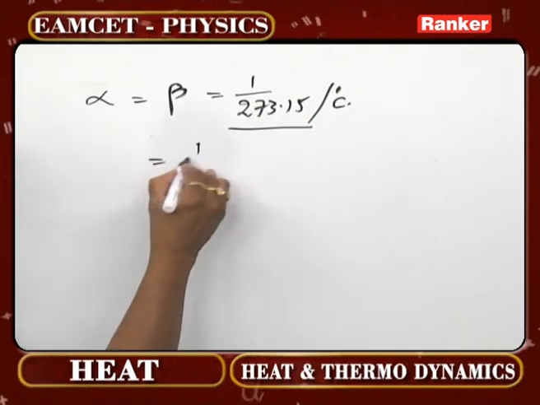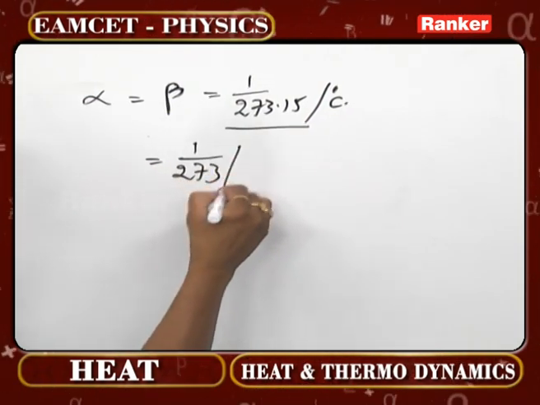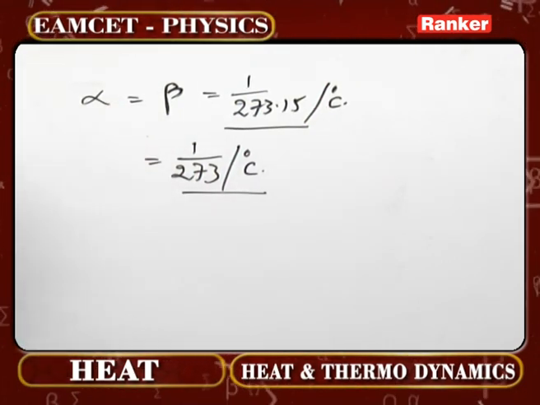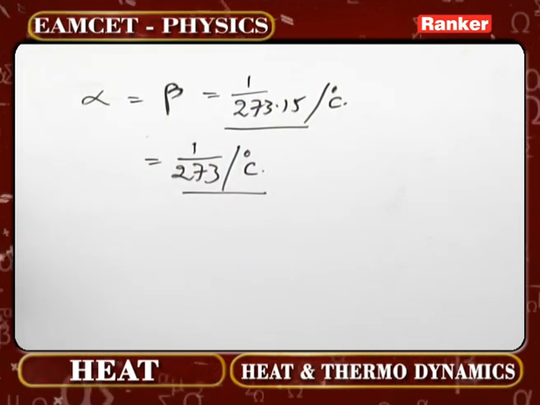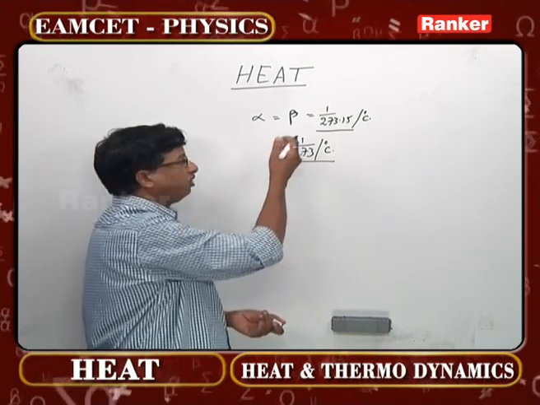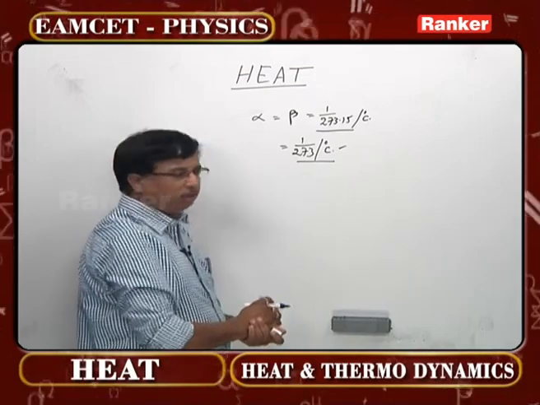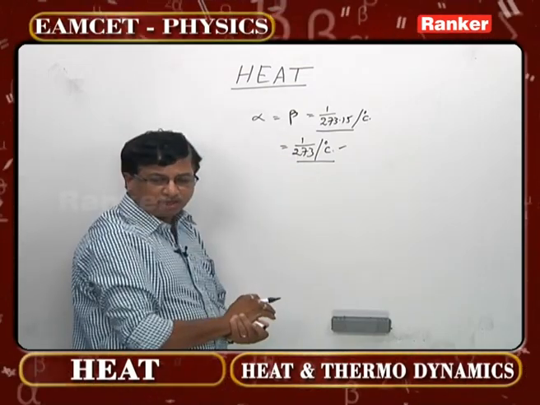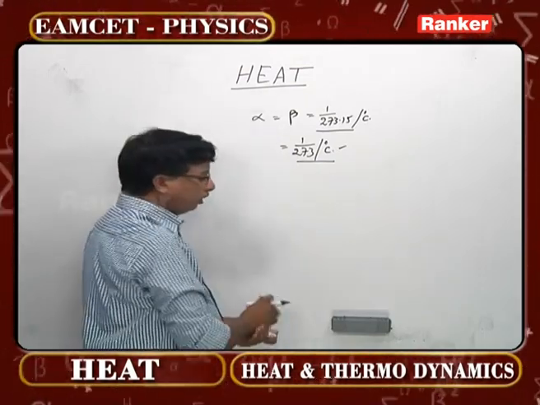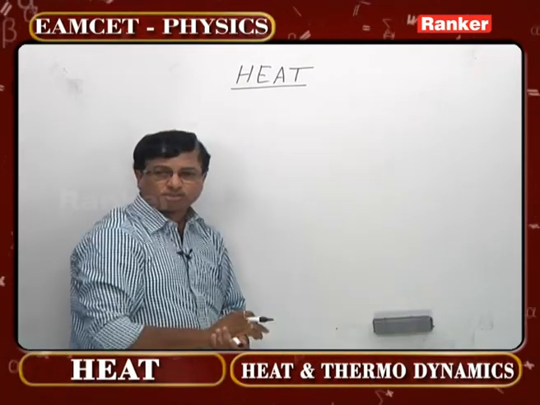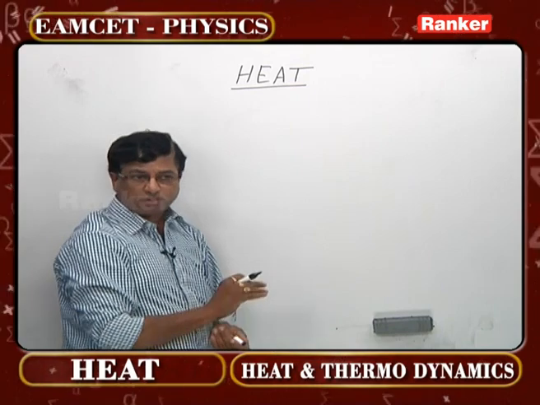In other words, 1 by 273 per degree centigrade we take, whether it is the coefficient of volume expansion of the gas or the coefficient of pressure expansion of the gas, the value remains the same, but they have their individual concepts. So these areas one should remember or recollect before taking up the applications part of this particular chapter.